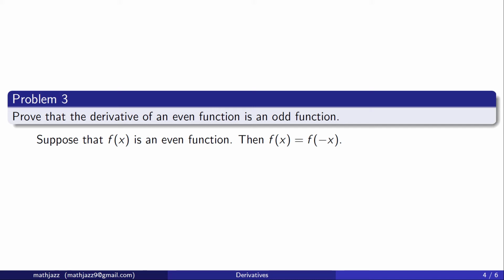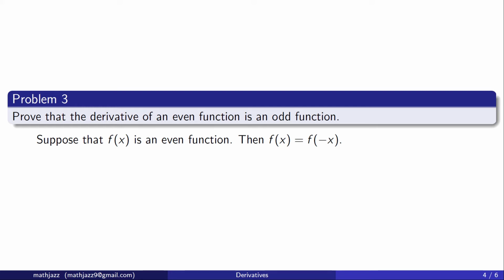Plugging in a negative x changes the function by multiplying it by negative 1. So f of x equals negative f of negative x is an odd function, and we'll get to that. Anyway, this is all we know about our function. I guess we suppose that it has a derivative. So the two things that we know about this function are that it's even and it has a derivative.